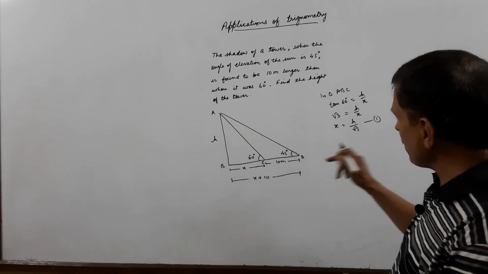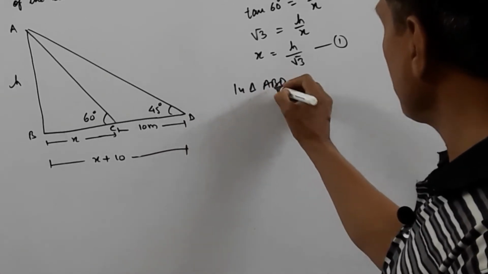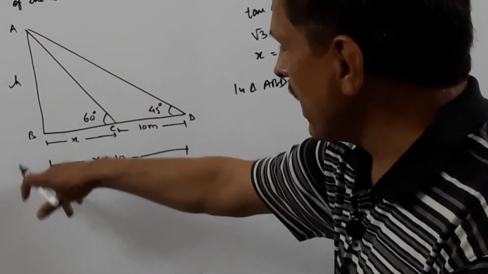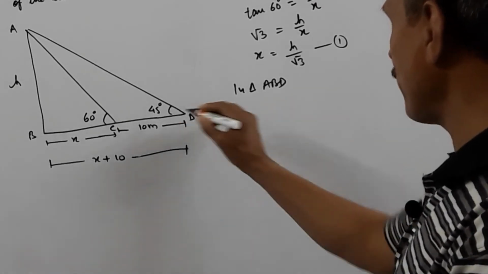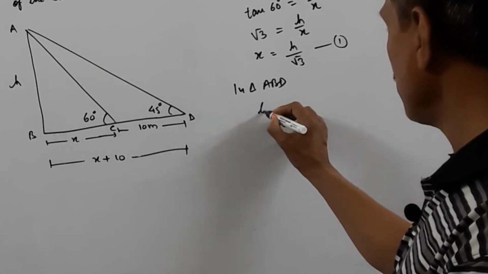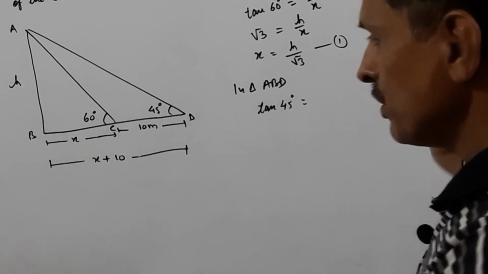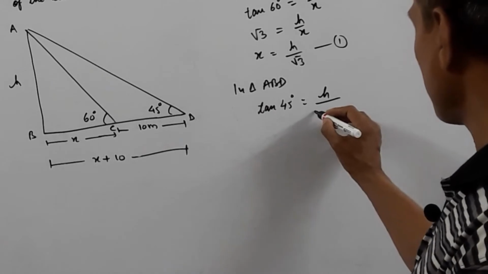In triangle ABD, perpendicular is h, and base is x plus 10. Elevation is 45, so tan 45 degree is equal to h upon x plus 10.